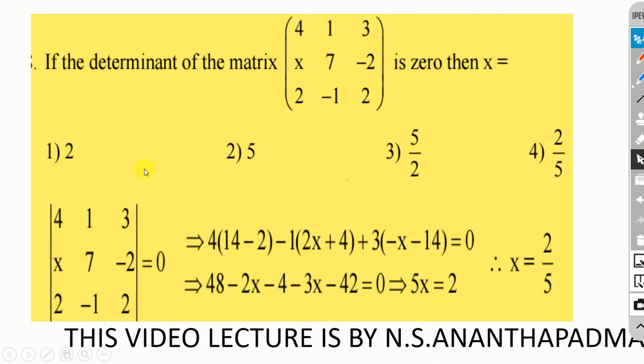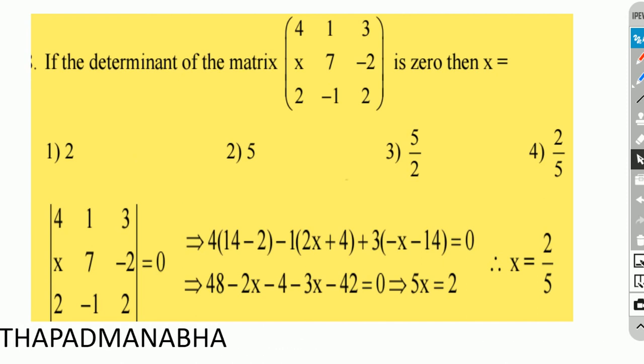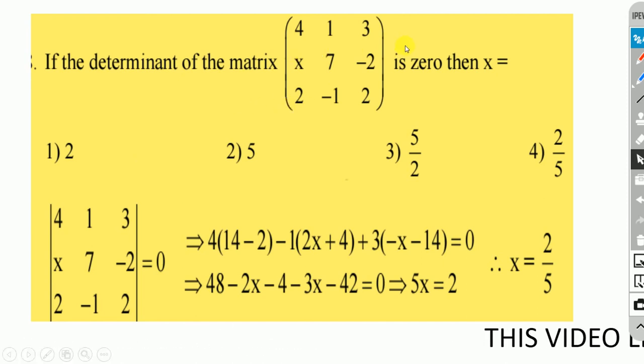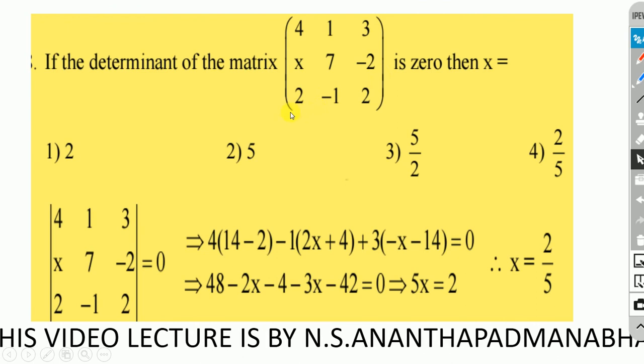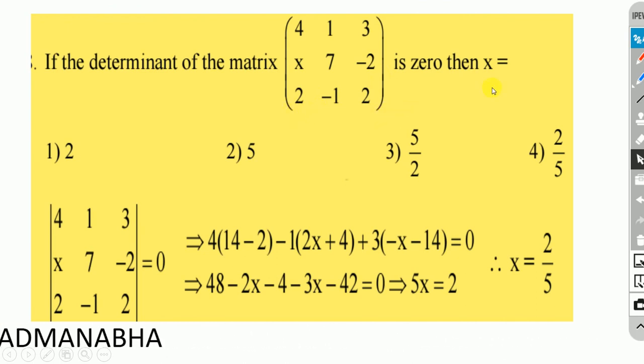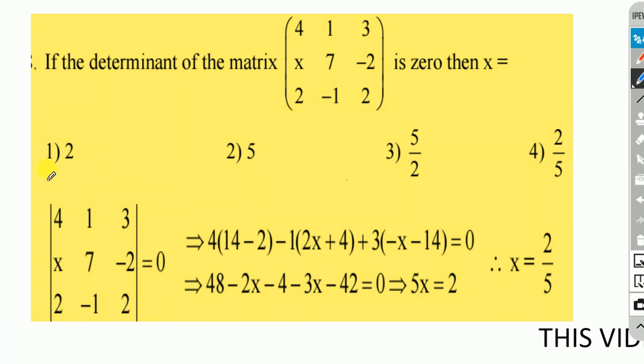If the determinant of the matrix with rows 4, 1, 3; x, 7, minus 2; 2, minus 1, 2 is 0, then x is equal to which of: 2, 5, 5 by 2, and 2 by 5. So let us consider the determinant of the given matrix, which is equal to 0. This is given as 0.